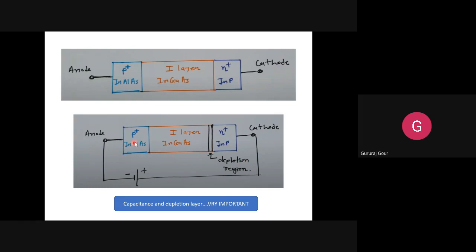Normally with the P, I and N layers, let us assume that it is not biased, or it is kept in the forward bias. If it is not biased, meaning no battery terminals are connected, then we have a very small depletion region existing between the I and N plus layers.